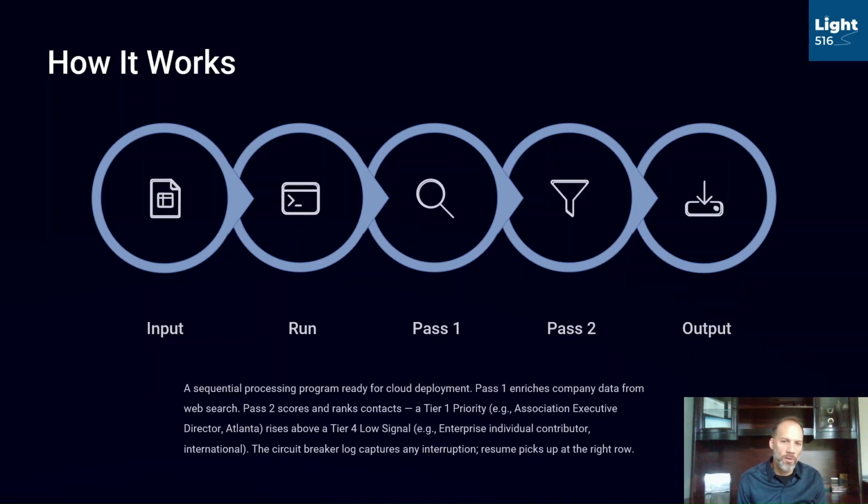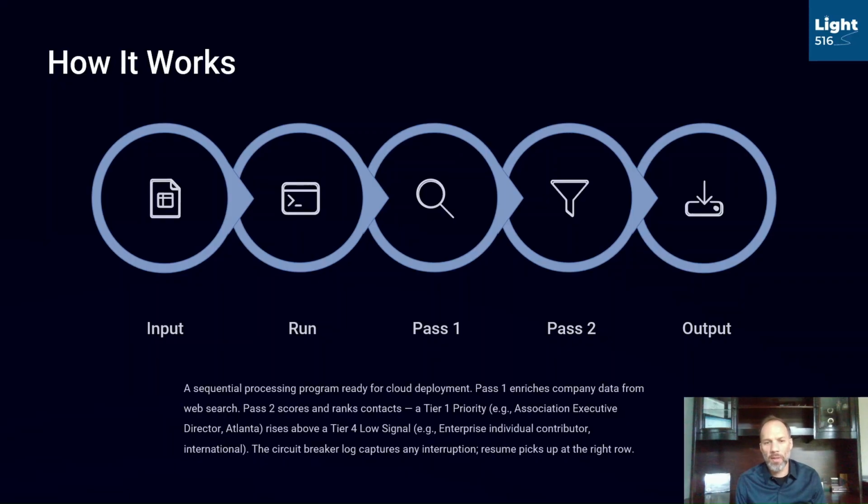Now, the firmographic data is informed through a web search that's parsed using serper.dev, and those are reliable results that you can parse well with a large language model. Just using an LLM alone is typically not as good at that type of job, so that's why that was introduced.